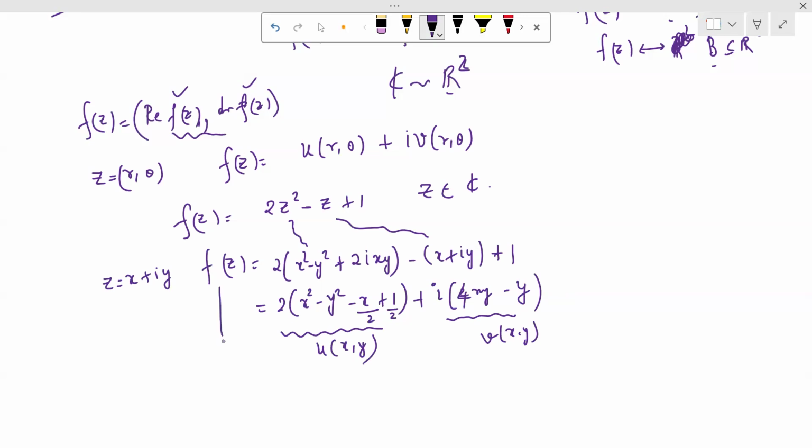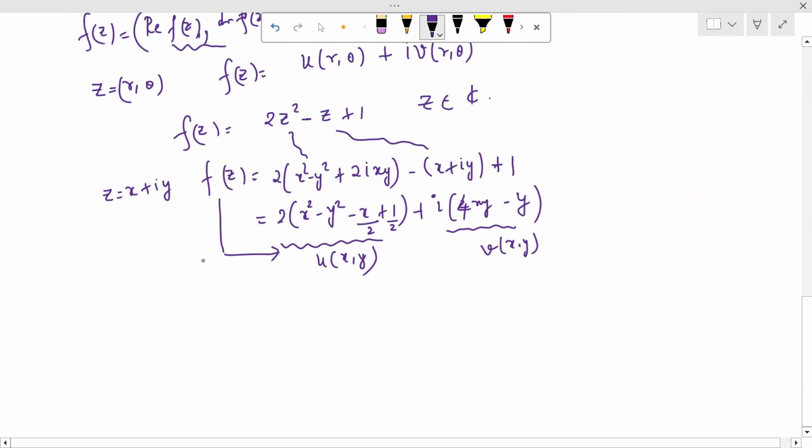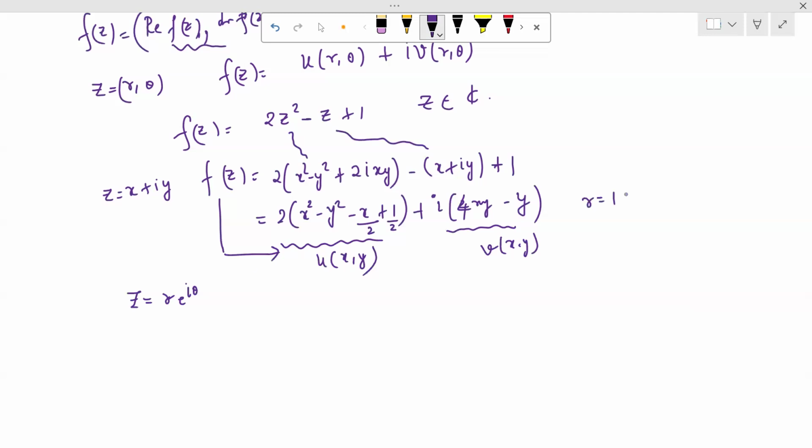Is that fine or not fine? Yes, sir. Your f(z) is nothing but an ordered pair of two real valued functions only. You can as well write it in polar coordinates also. You know from your basic classes that any z can be represented as r times e to the power iota theta, where r equals modulus of z, and theta equals argument of z.